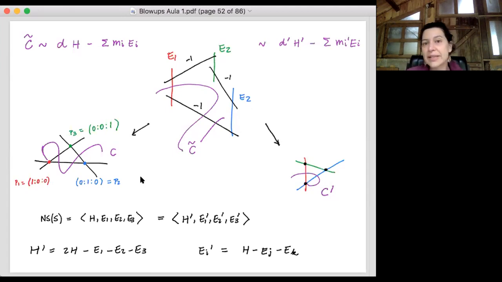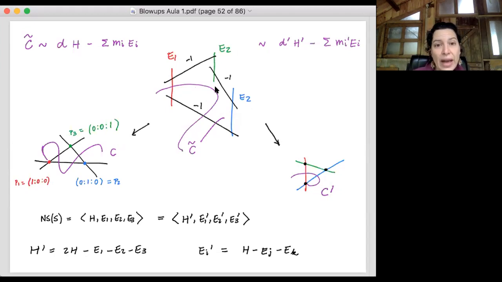And the change of basis can be given in terms of these roots. So the H prime, say if I take the pullback under the second blow up of a hyperplane section here, well, this has been just given by the Cremona transformation. This would be just the conics. So this is 2H minus the conics that pass through 3 points P1, P2, P3. So this is the pullback of H under the second projection.